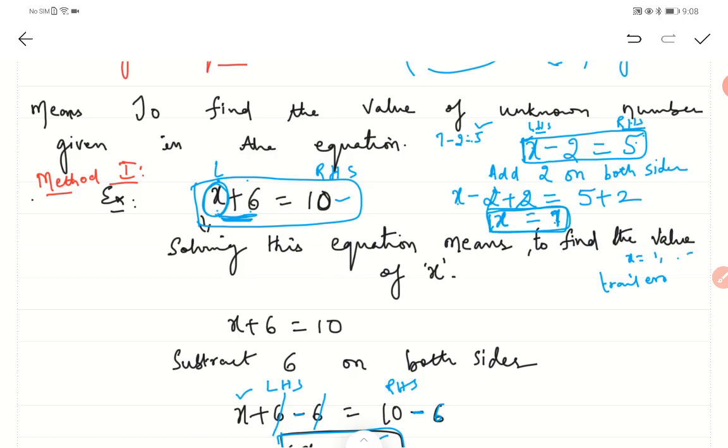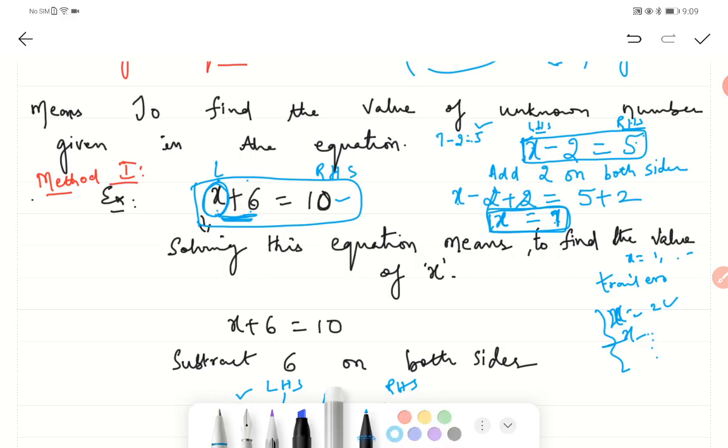Or in the question itself they'll give you, put x equal to 2 and so on, and just verify for these values of x and prove for which it is true. That means line by line you need to put the values of that particular variable given in the question and try to show for what value of x it is true. All right, I hope you understood my point.